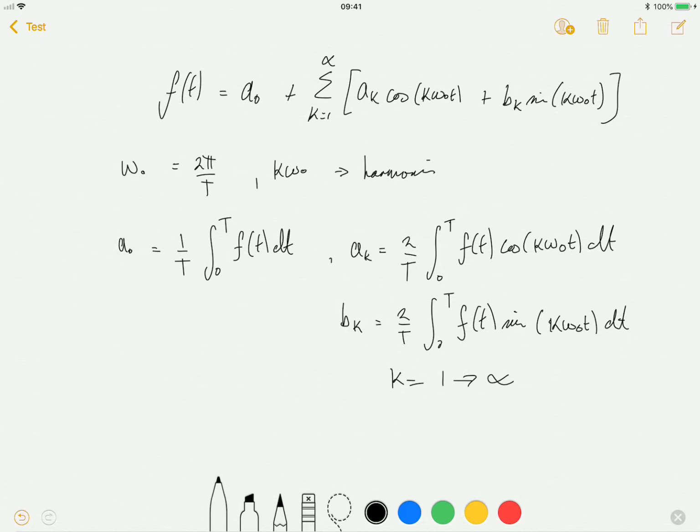What the Fourier analysis then says is that if we sum these sinusoids, we'll be able to interpret a function in terms of these sinusoids and the harmonics of the fundamental frequency.